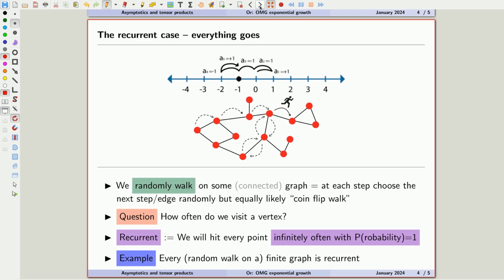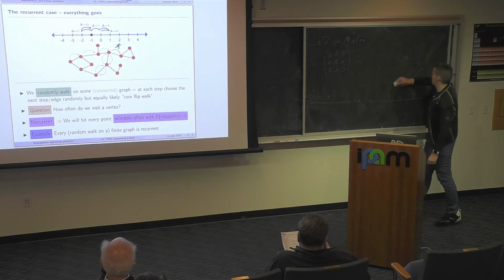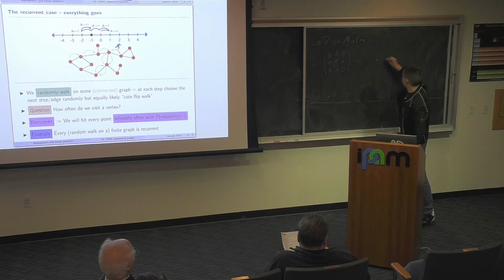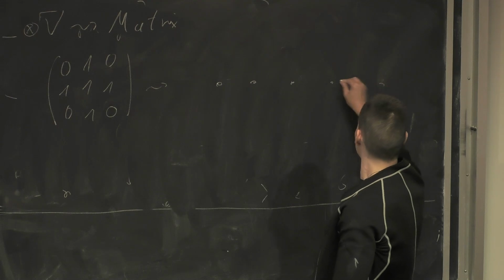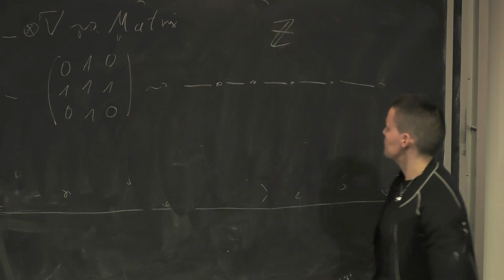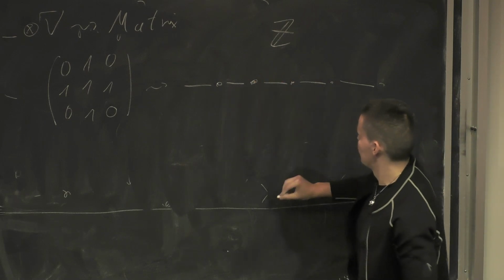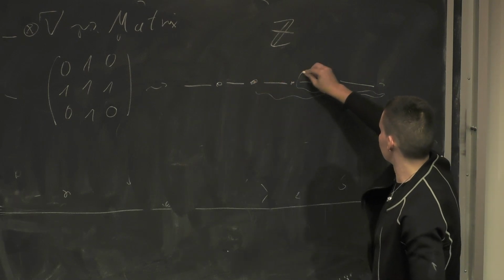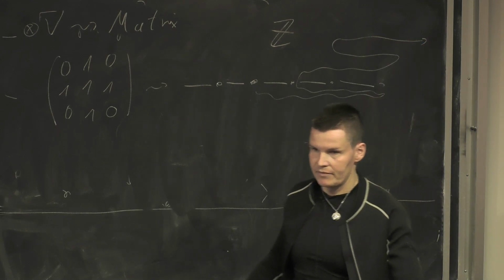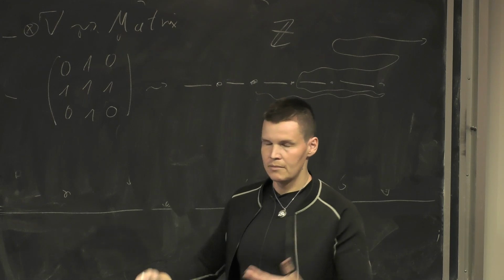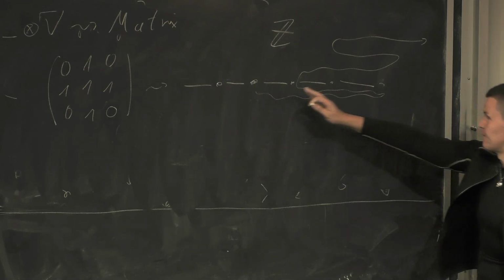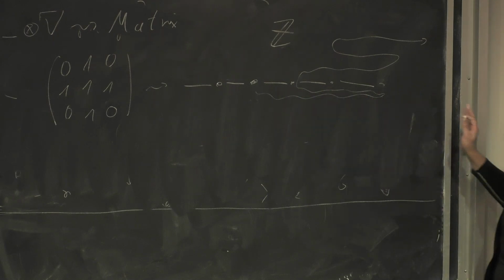If you think of everyone's favorite random walk on the integers, you can move like here, do a random walk, and I'm looking for the probability that I return to the origin. If the probability is 1, then I call it recurrent. If it's 0, I call it transient.